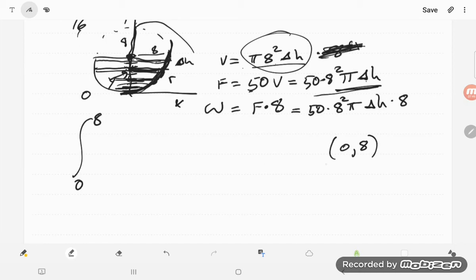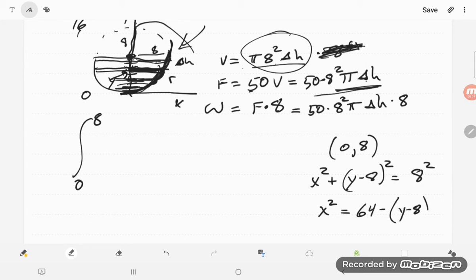So a circle with center 0, 8 is x squared plus (y minus 8) squared is equal to, and the radius is 8, so that's 8 squared or 64. So that's my curve. And I need my radius squared, so that's nice. x squared is 64 minus (y minus 8) squared.